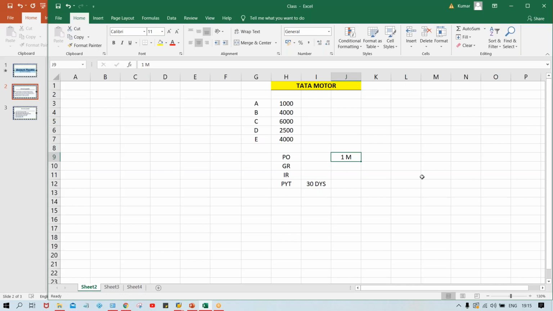In future, you must pay after 30 days or 45 days. You are liable to pay this amount to the vendor, so it is called your payable. In terms of accounting, it is called account payable, and it is treated as your liability, right?